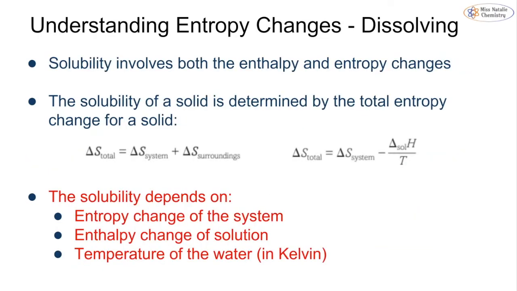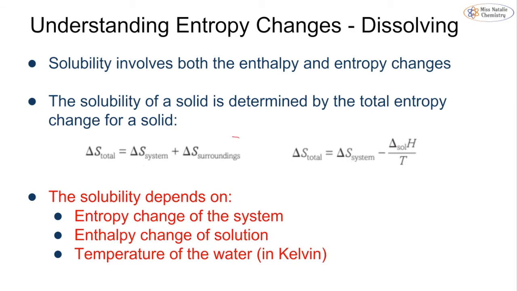So solubility involves both enthalpy and entropy changes, and it is going to all be determined on the entropy change of the system, the enthalpy change of solution, so how much energy does it take to break up this lattice, and of course the temperature of water, because it does always link into the temperature.